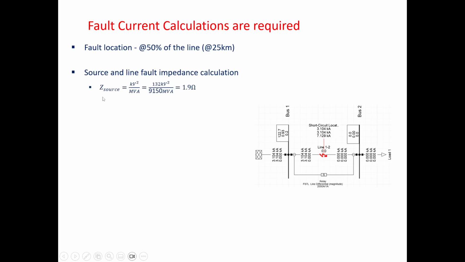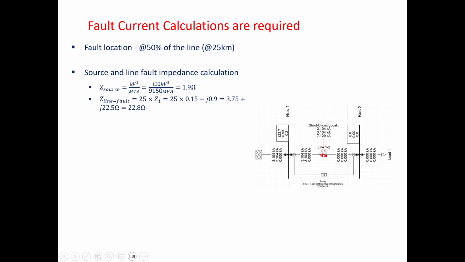So we need to calculate the source impedance, which is the impedance of the generator, V square, voltage square, divided by the fault level, basically. So we get 1.9. We can also calculate Z line to the fault point, because the fault point is at 50% of the line, which is a total of 50 kilometer, so we just divide by 2, 25 kilometer, times the positive impedance.